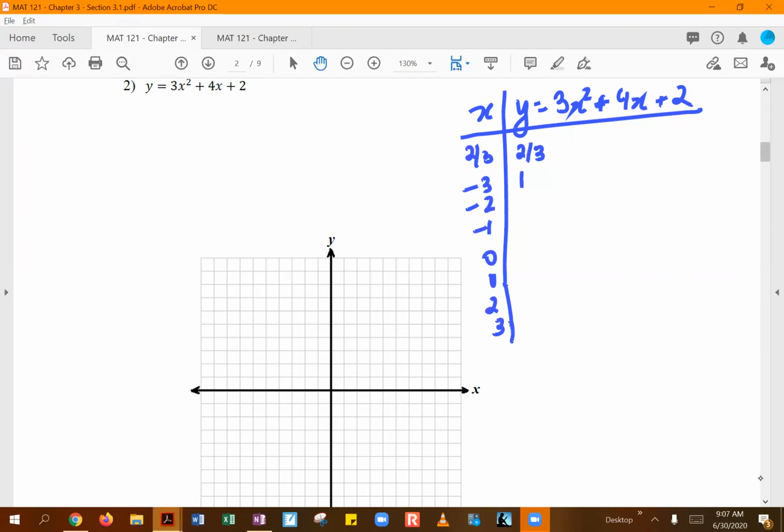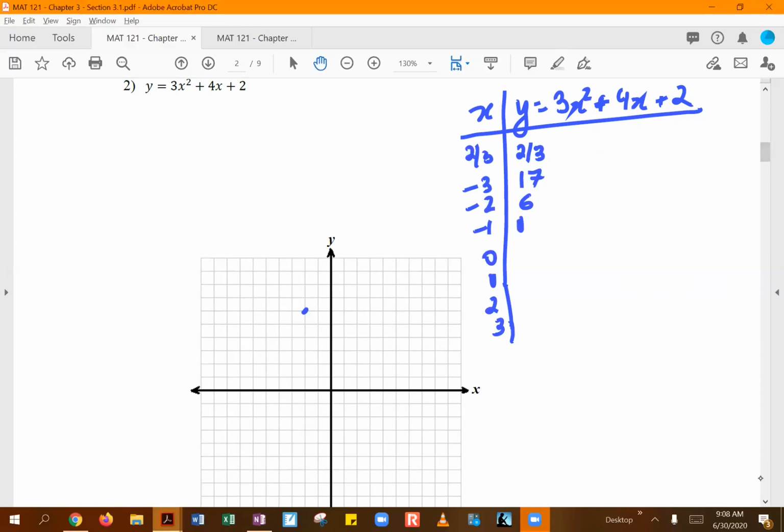Okay, very good. -3 will give us 17, and -2 is 6, -1 will give us 1.